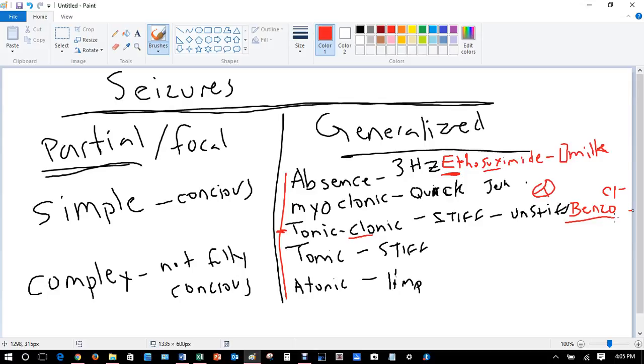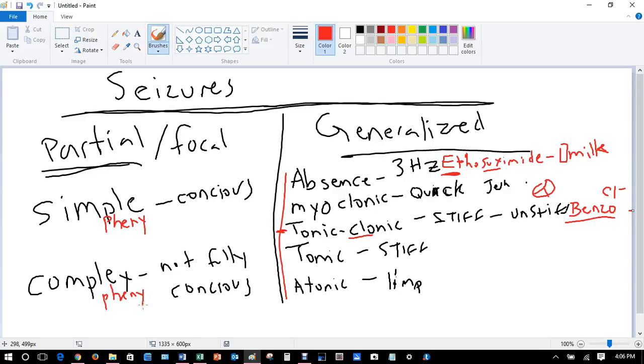Next drug here is phenytoin, and it's tied for the most uses. It can be used for a lot of different things. You can use phenytoin for simple, so you can use it over here for this type. You can use phenytoin for complex.